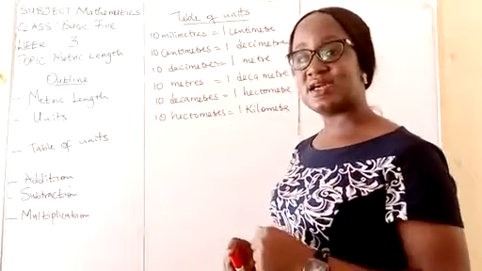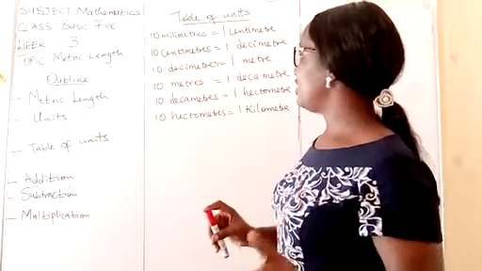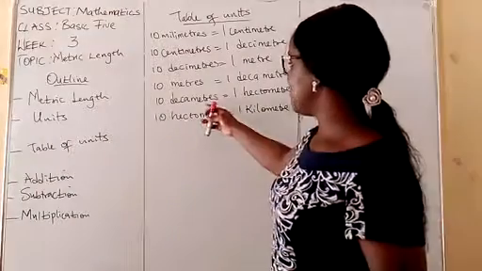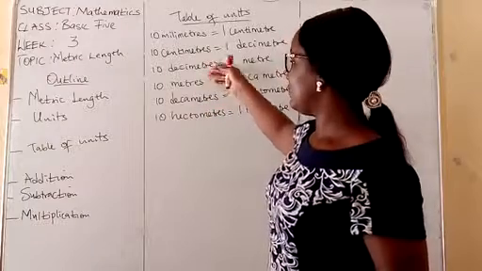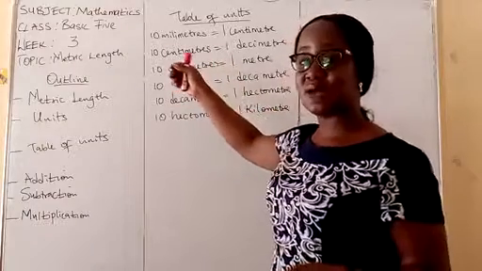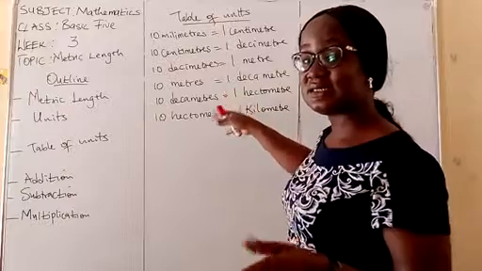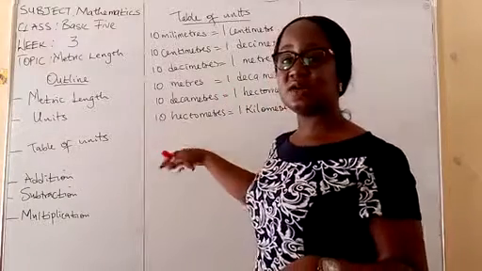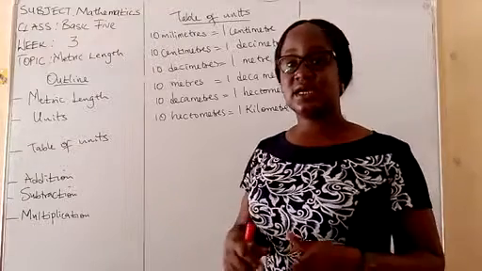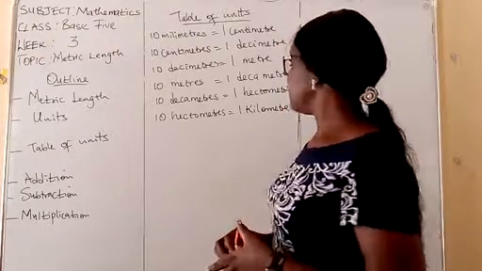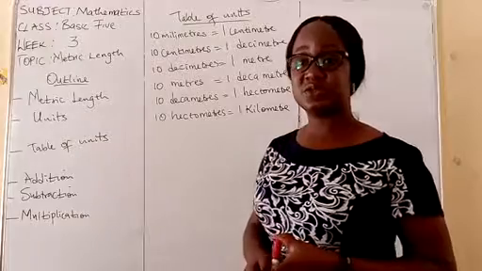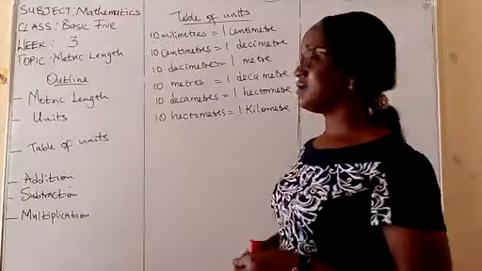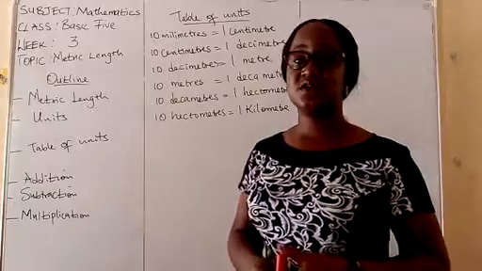In metric weight, we were dealing with grams. In place of our meters, we had grams, and it is still the same. And when we got to that point, we had 1,000 kilograms giving us 1 metric ton. In this case, we are having meters all through as the basic unit.